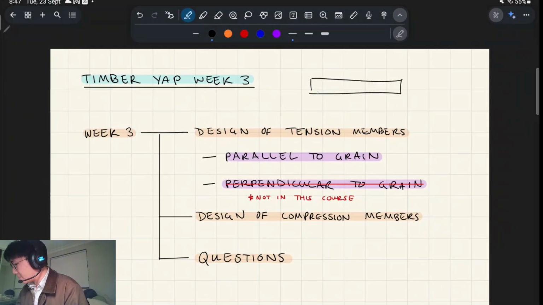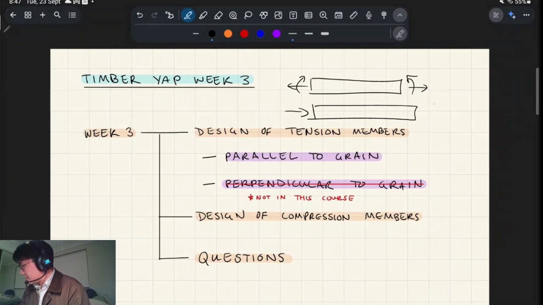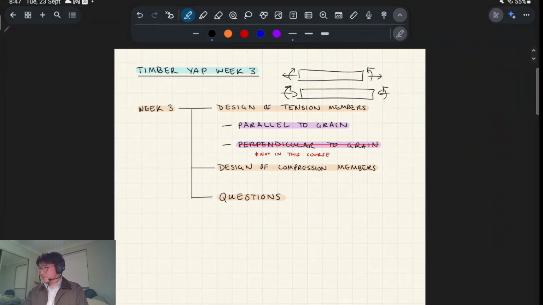So that would be tension as well as bending, and compression and bending as well. And there are formulas which I have not included in the notes here, which I will, but after I have recorded this video already.